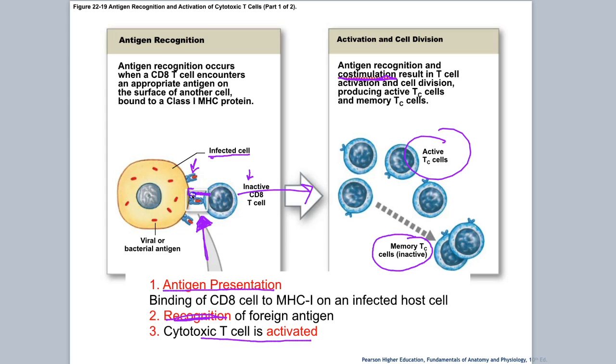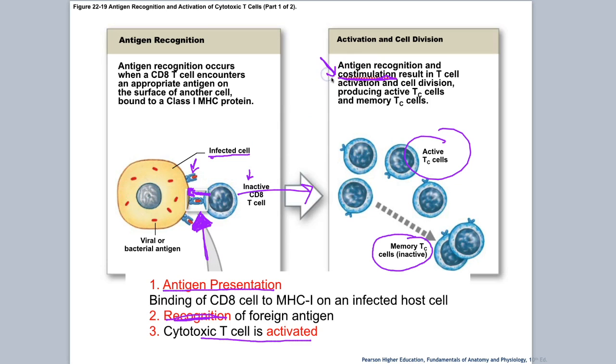The T cell says, I think we've got a foreign antigen, but I just want to double check before I start a huge immune response in the body. So it goes through this process called co-stimulation.